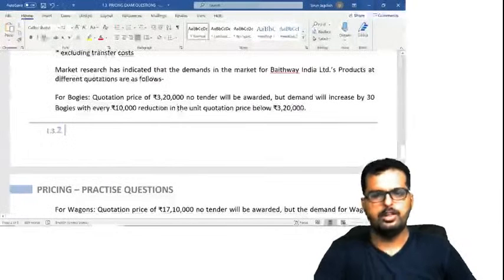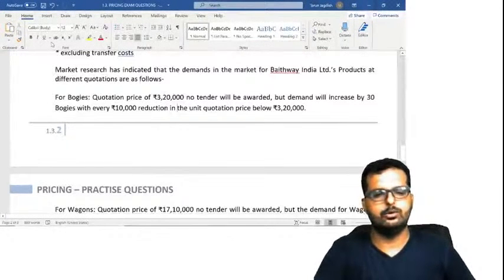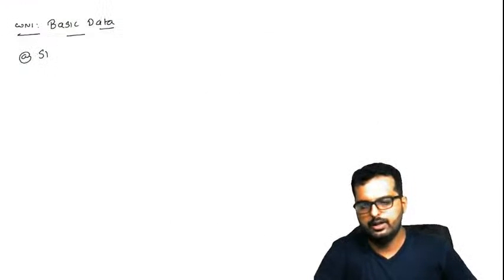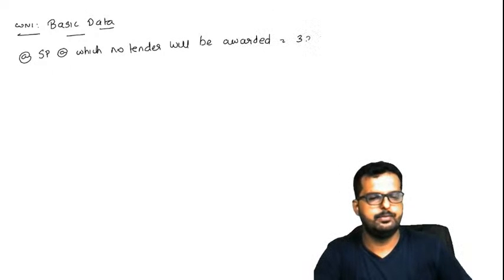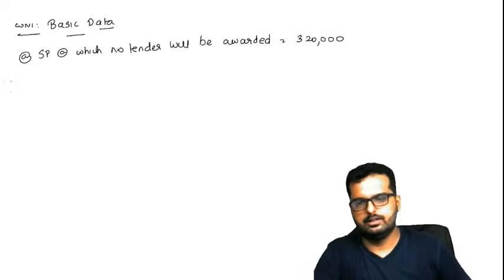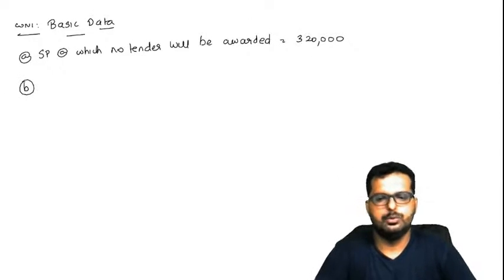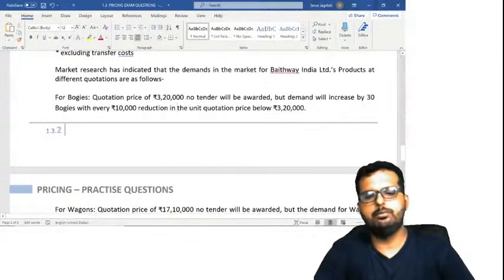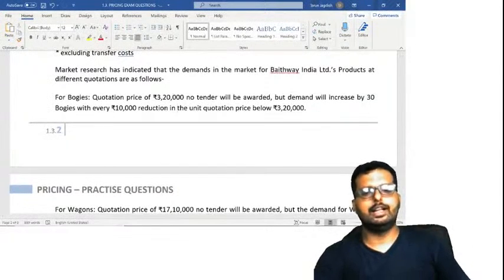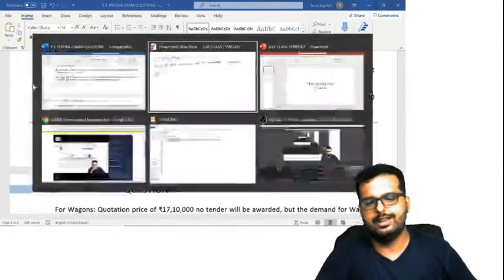Here they are saying at 3,20,000 no tender will be awarded. Selling price at which no tender will be awarded turns out to be 3,20,000. But the demand will increase by 30 bogies for every 10,000 rupees reduction in the selling price.